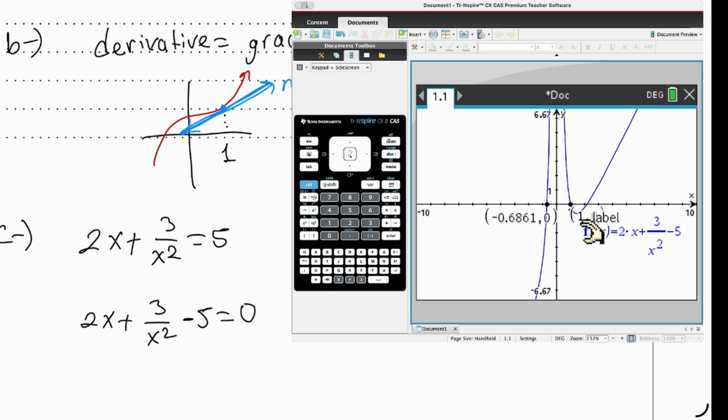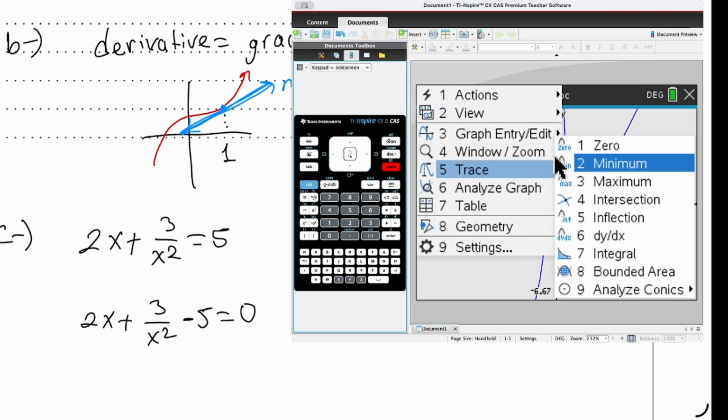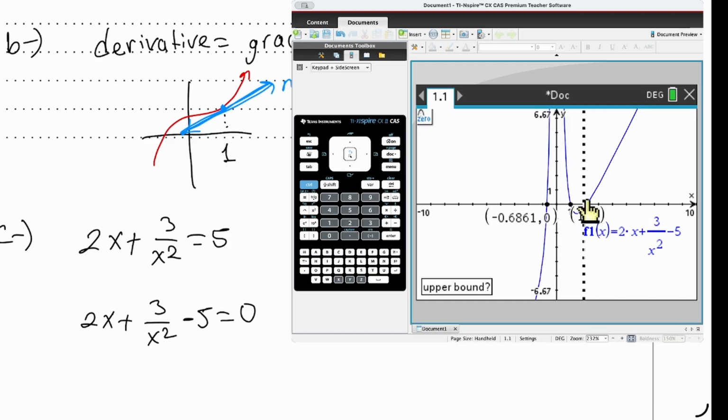We substituted 1 and we found it. Okay, menu, analyze graph, and 0. So 2.186. So this is our point, and these two are other points that equal 0.